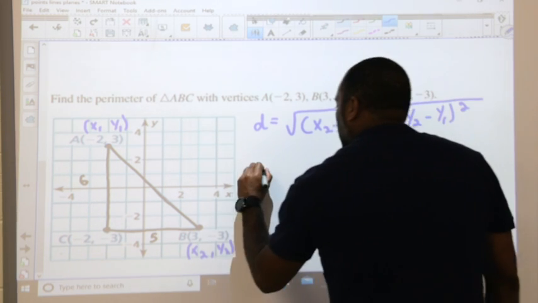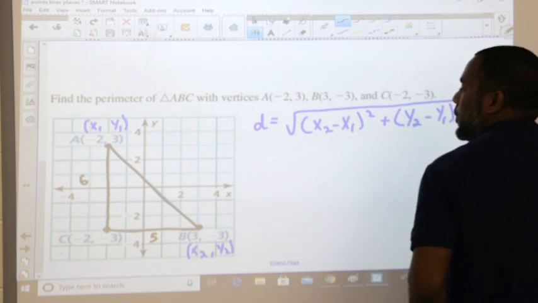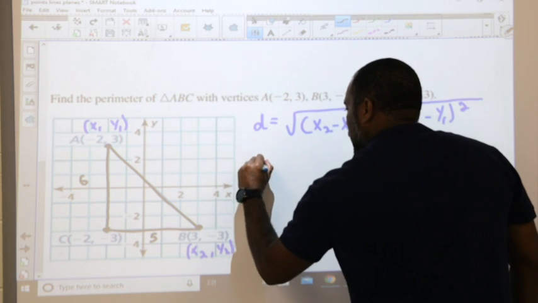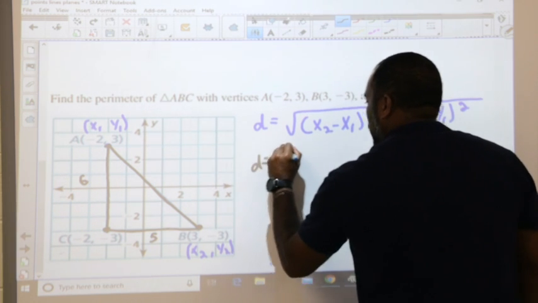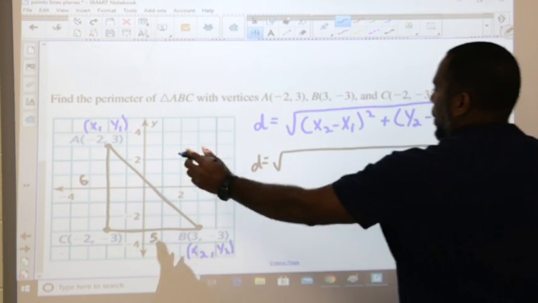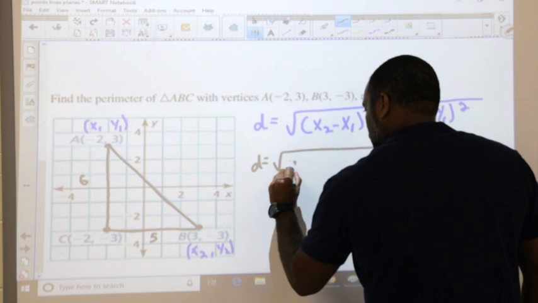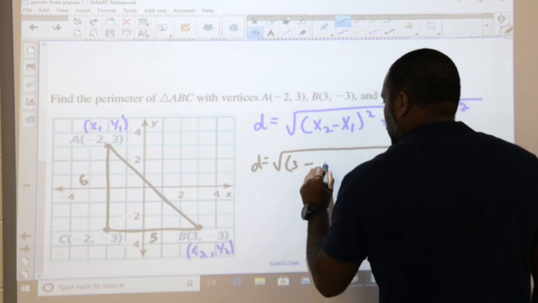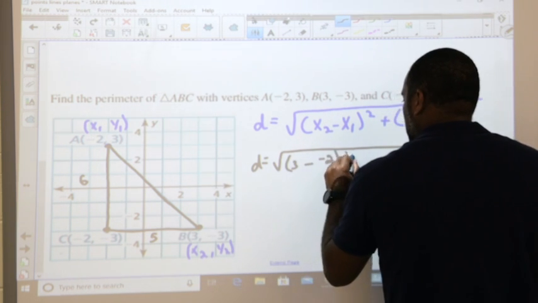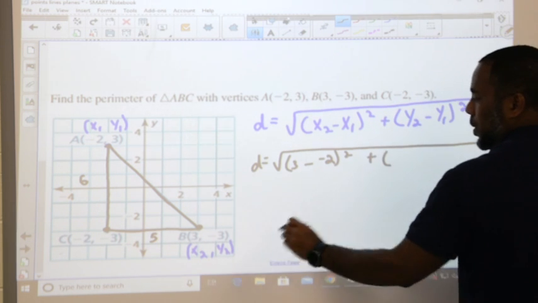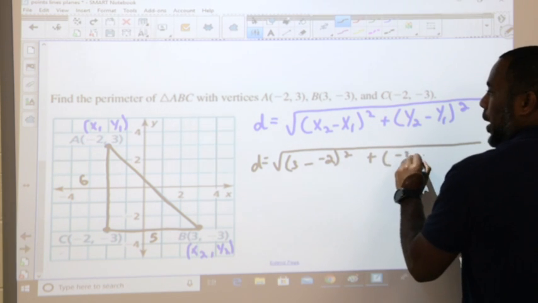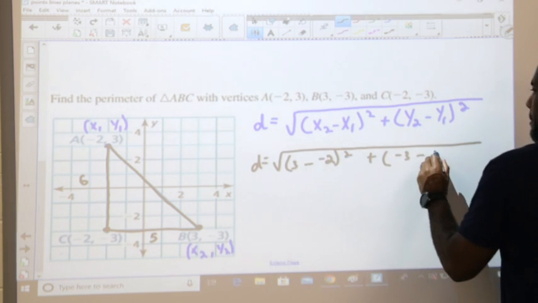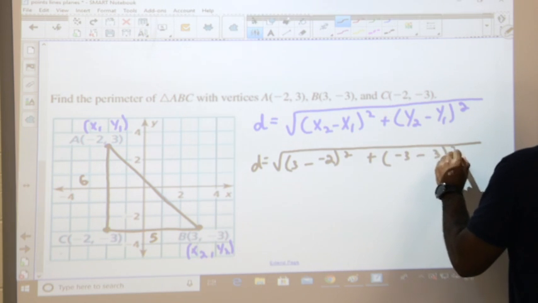And so from there, I now have, and I'll write it in a different color so we can see the difference. D is now equal to the square root of x2, which is 3, minus x1, which is negative 2, squared, plus y2, which is negative 3, minus 3, squared.